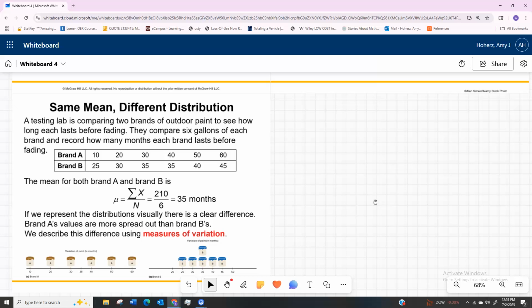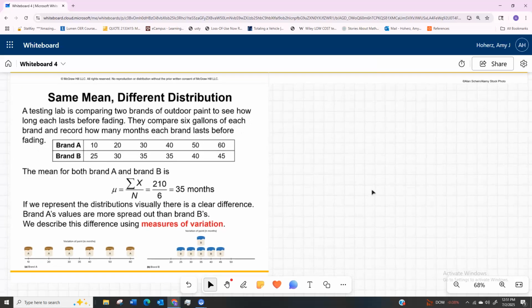Our first example here, we're going to be talking about two brands of paint. We have brand A and we have brand B. And in this testing lab, we're going to treat these two brands as if it's the entire population of paint. So as if there's no other cans of brand A besides these 6 gallons of paint. So there's gallon 1, 2, 3, 4, 5, 6 of brand A, and then 6 gallons of brand B. Now, why do we want to do that?